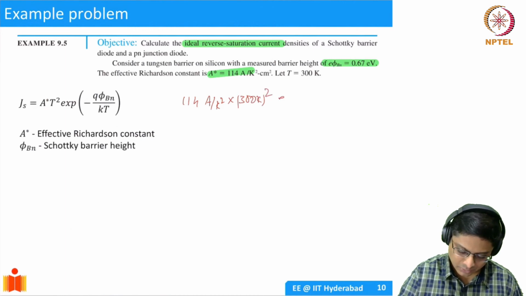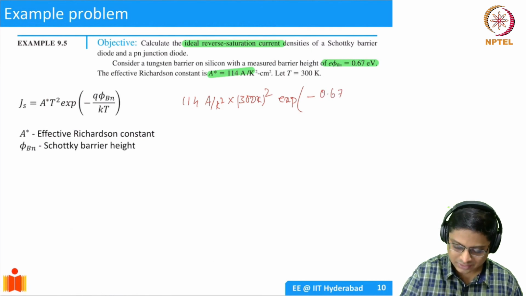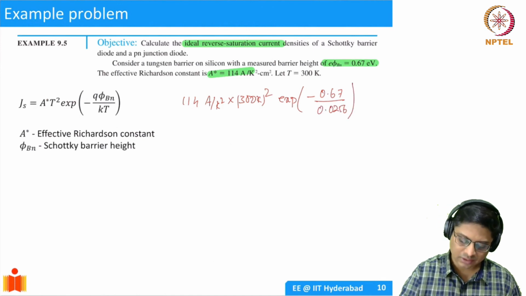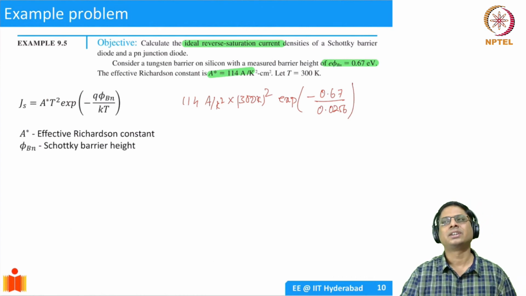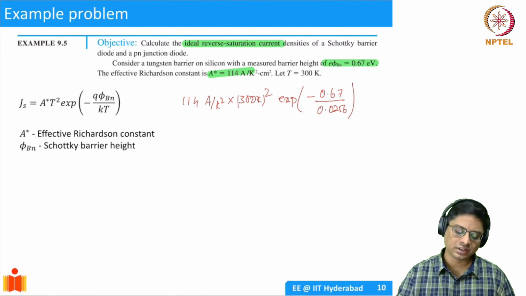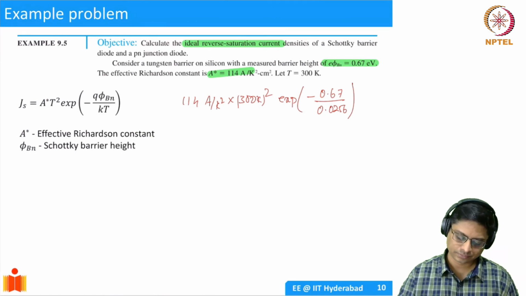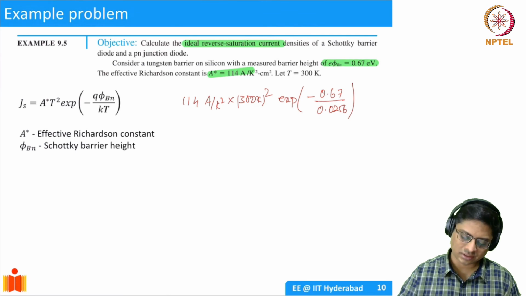Times exponential minus q times phi_BN, where phi_BN is 0.67, divided by the denominator kT, which is 0.0256. So 25 and 650. So 4 into 6, 24, and 2 times or 3 times roughly.